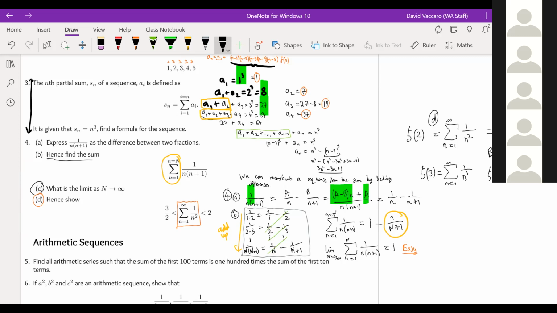In fact, zeta s is the sum from n equals 1 to infinity of 1 over n to the s. So this sum that we're asked to consider in part D, the sum from n equals 1 to infinity of 1 over n squared, is hard. Okay, there's no easy answer for that sum.